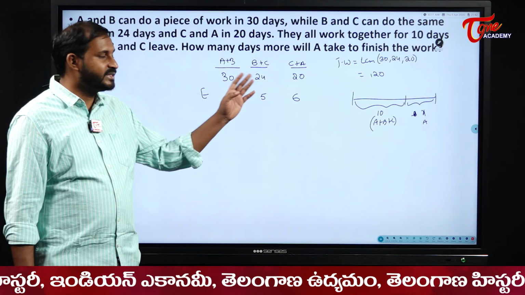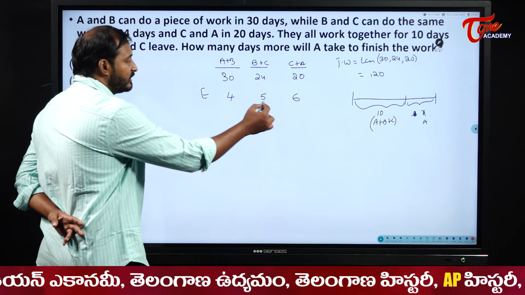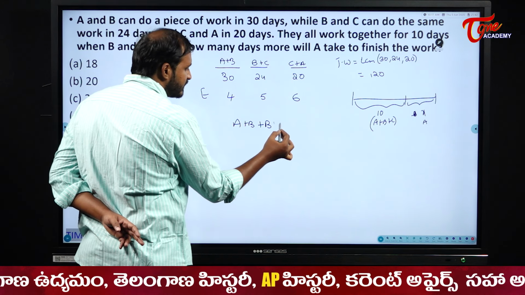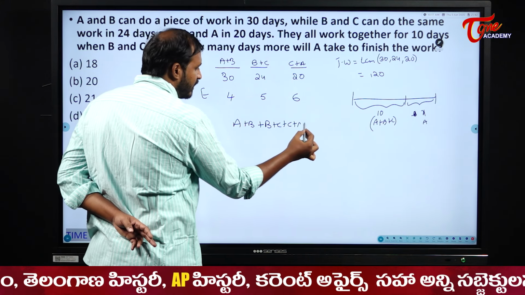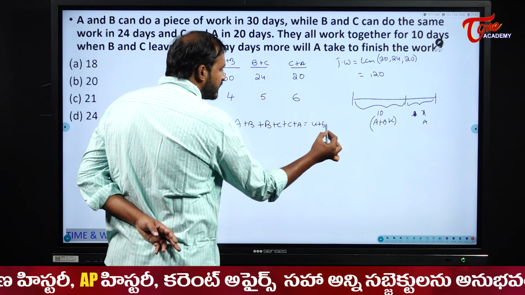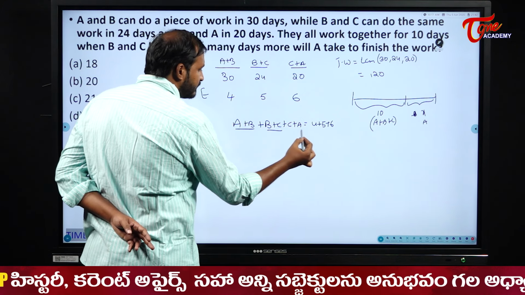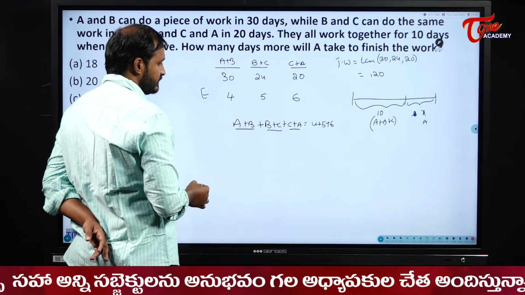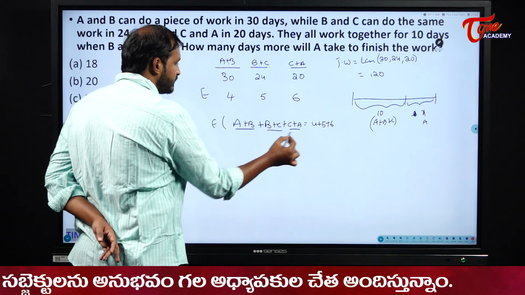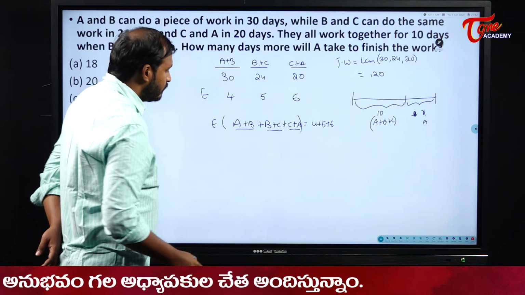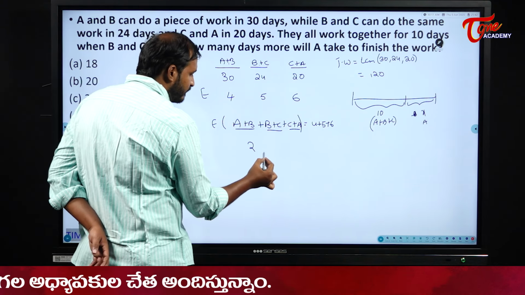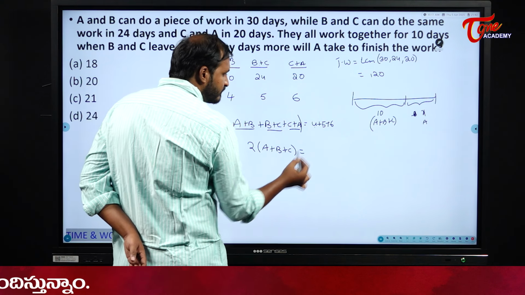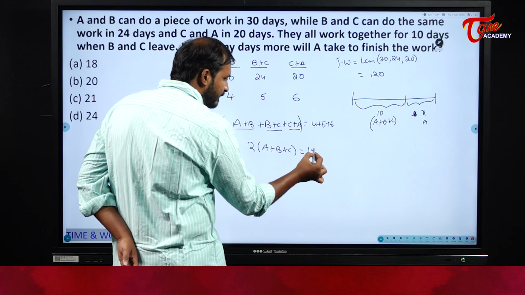We have AB, BC and CA. Now I will add all three. What it becomes? A plus B plus B plus C plus C plus A, which is 4 plus 5 plus 6. Can I say this is 2 times of A plus B plus C is equal to 4 plus 5 is 9, 9 plus 6 is 15?